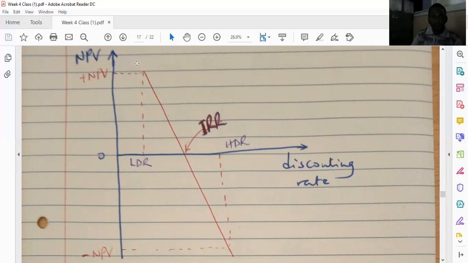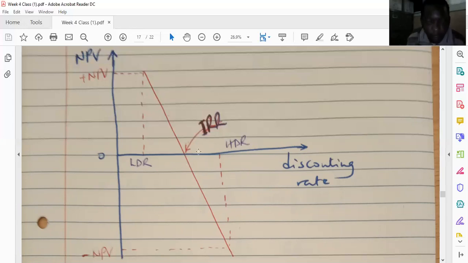So we have that line with a negative gradient. That means that the higher the discounting rate, the lower the NPV, and the lower the discounting rate, the higher the NPV. So the slope of the line is constant and is negative. So you have a straight line here.